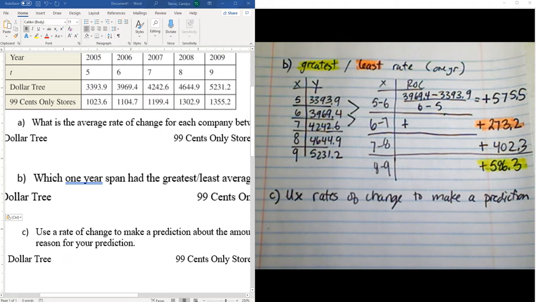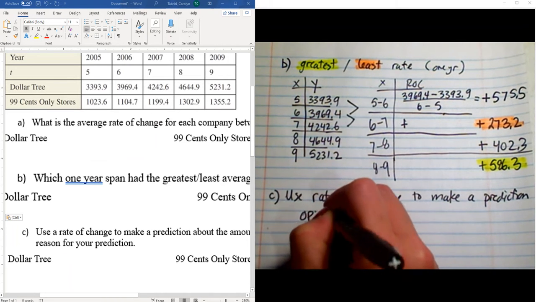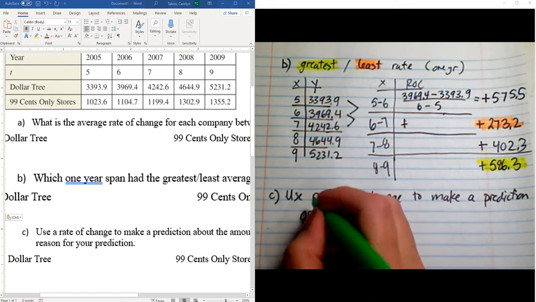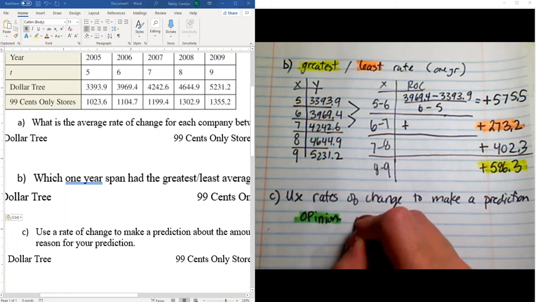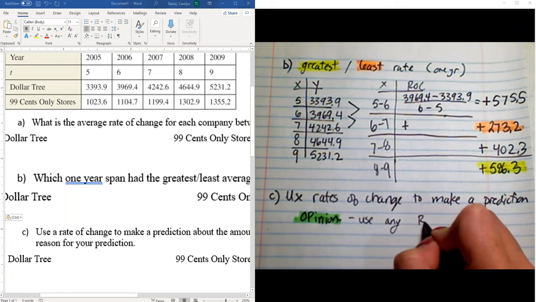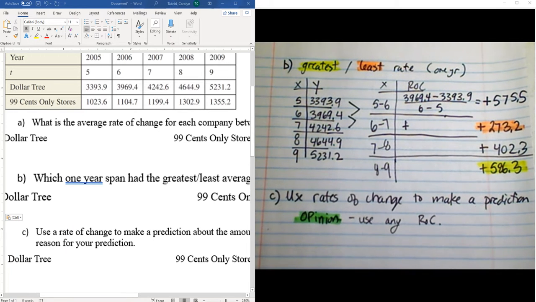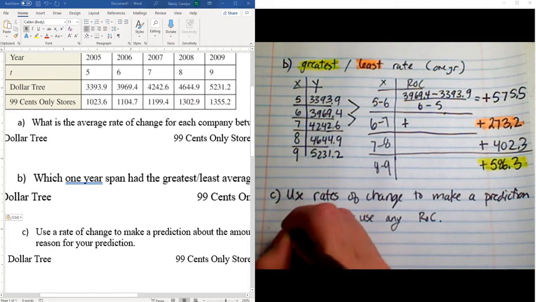Now, the nice thing about this is it is an opinion, guys. You have 3 different rates of change you can use. Average, greatest, least. Okay? You can use any of them. Any rate of change to make your prediction. Now, it's asking me to predict for 2010.